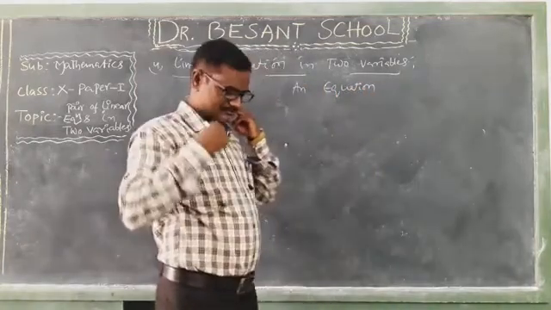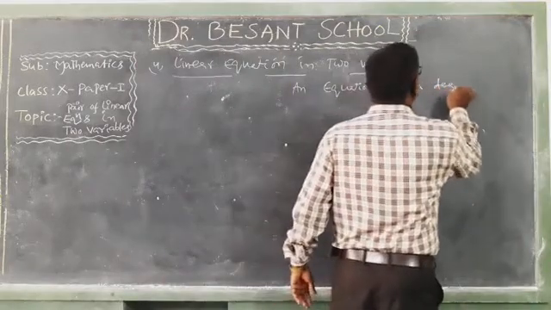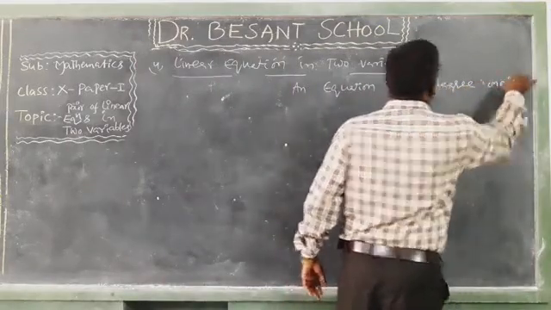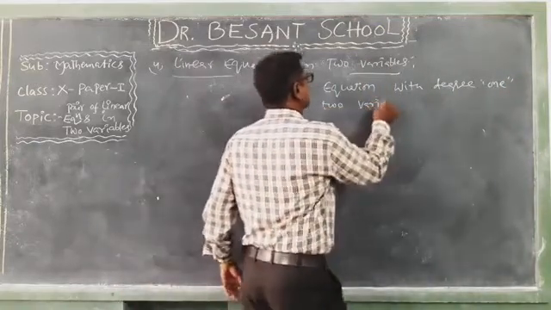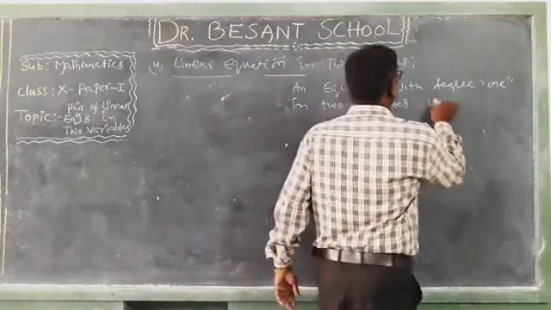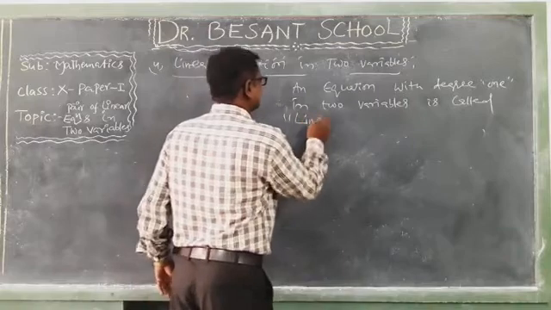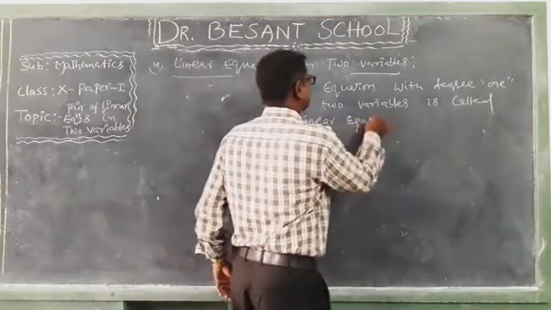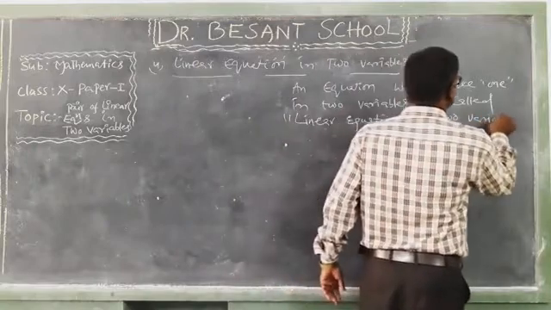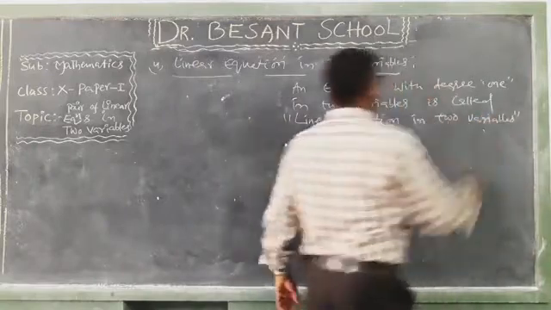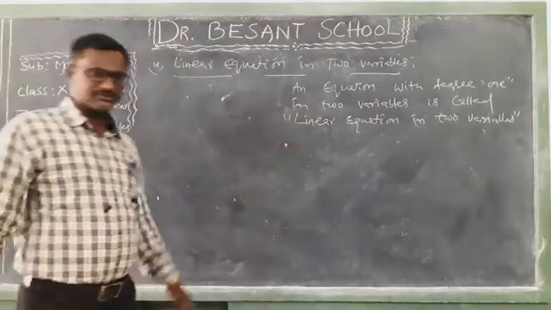Children, see this definition? An equation with a degree 1 in 2 variables is called a linear equation in 2 variables.